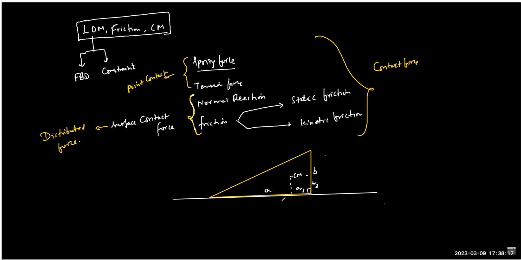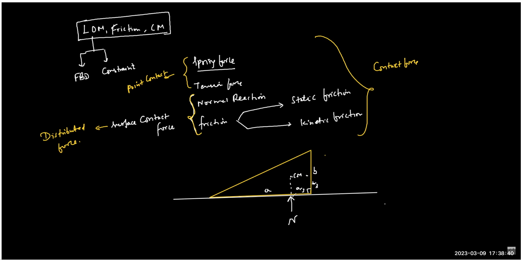So the normal is acting everywhere, but how to represent it? We always represent it below the center of mass. In general, because our idea is to also apply the same concept in rotational dynamics, you should know that the normal acts below the center of mass.